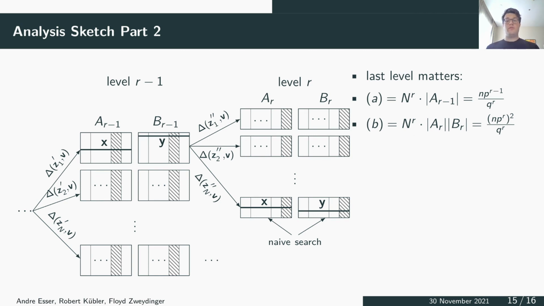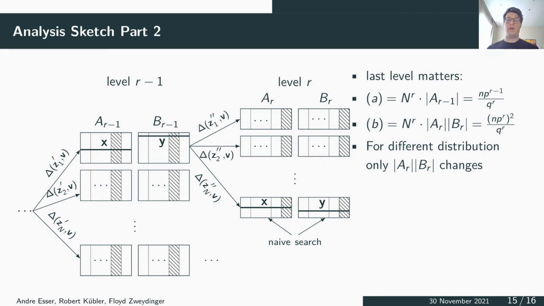We were able to prove in our paper that for optimal parameter choice, b is always bigger or equal than the parameter a, which further simplifies the analysis of our algorithm. And last but not least, if you want to adapt our algorithm for any other input distribution than the naive one, you only have to find out the expected size of the two lists, A_r times B_r, to adapt our algorithm.